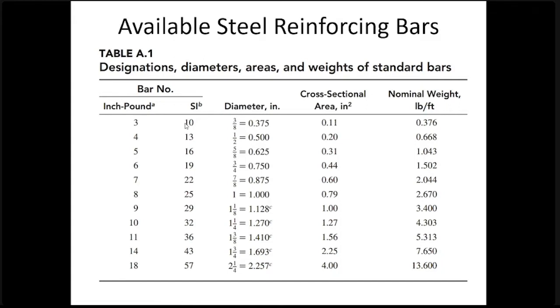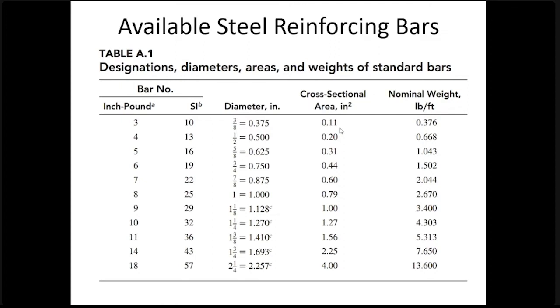Most of the countries who are in the American bloc, not in the Russian bloc, have these sizes of bars. So we have bars in these numbers, 3, 4, 5, up to 18, and these are the diameters. These are the diameters of those bars, and these are the cross-sectional areas. I told you in the first lecture that you need to remember the cross-sectional areas.